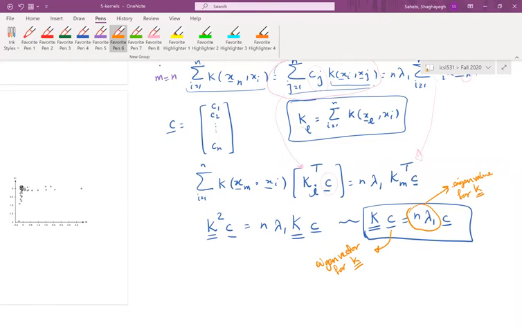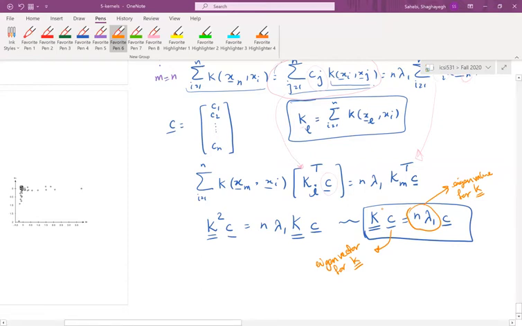So this way, when we get to K and we know n, we can find c and lambda 1 easily. The largest eigenvalue for K divided by n will be our lambda 1, and the eigenvector associated with that largest eigenvalue would be our c.